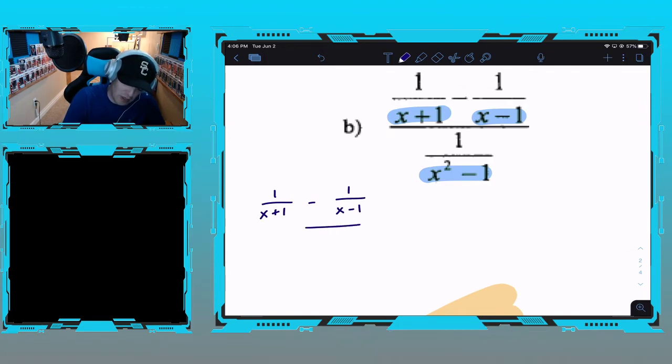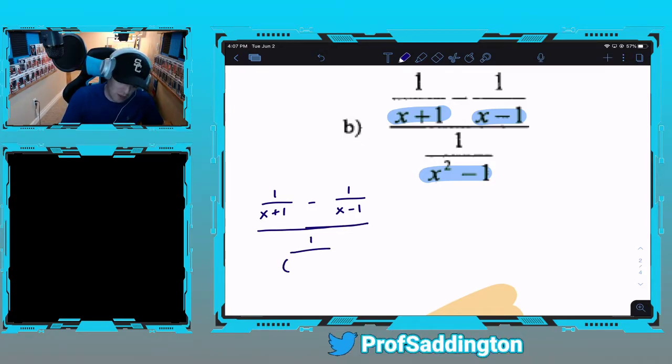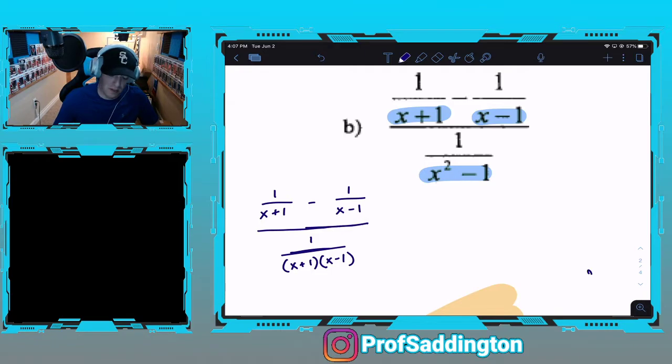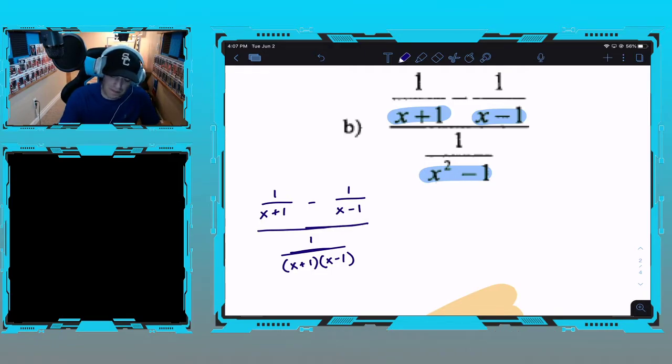But for this denominator, since we have dots, we can split that up into x plus 1 times x minus 1. You want to have it all factored out first, because then when you go to do the LCD, it becomes a little bit easier to solve.